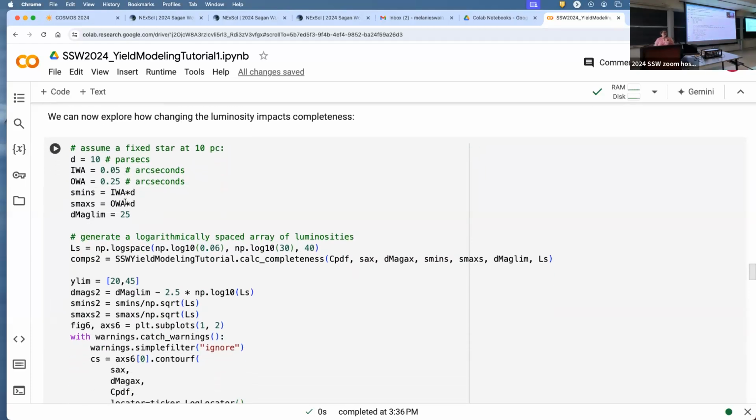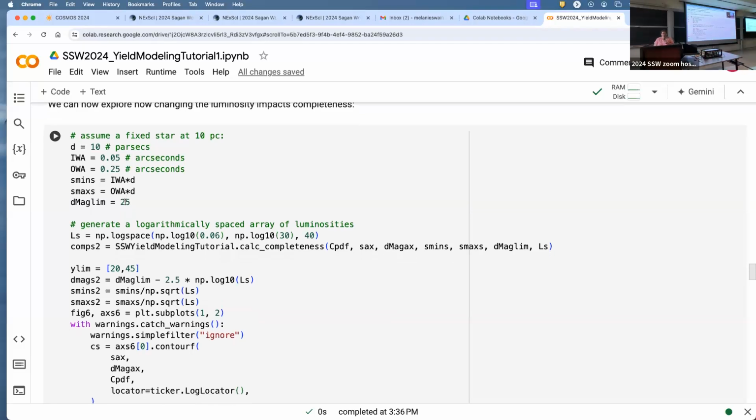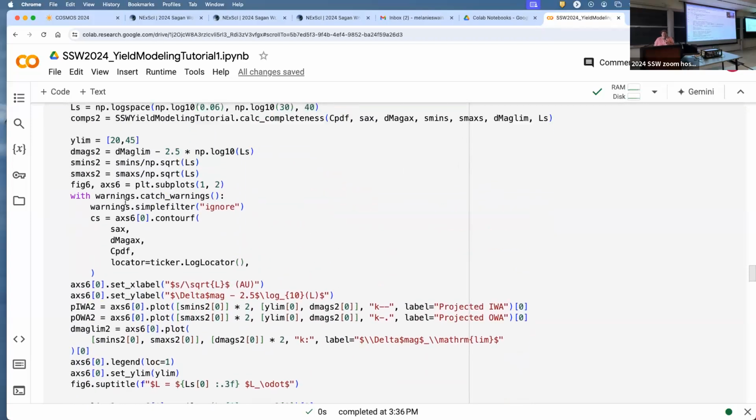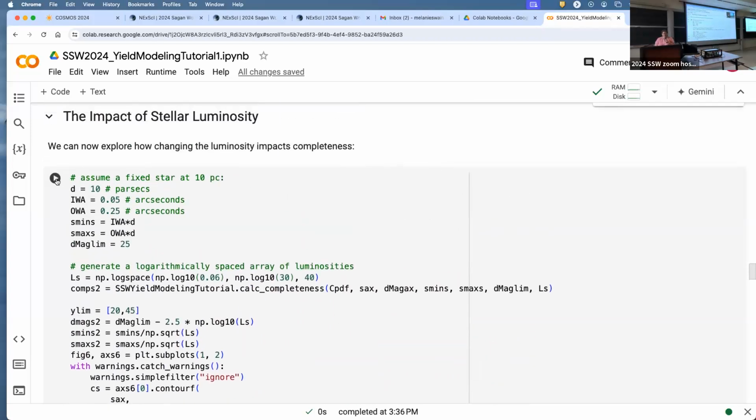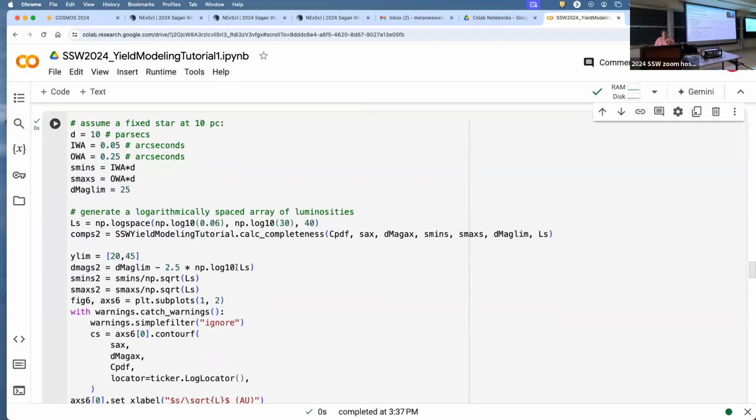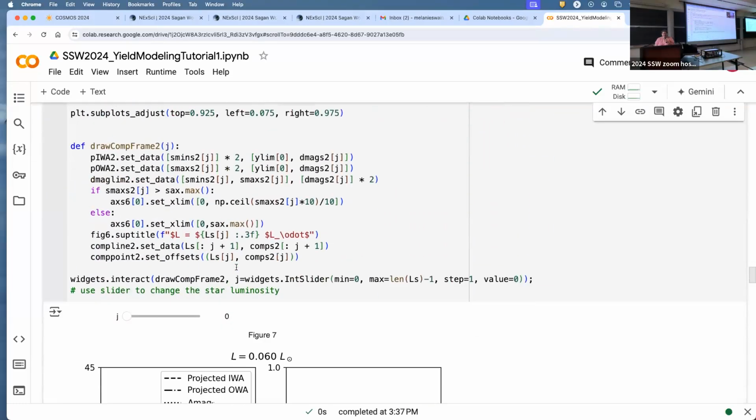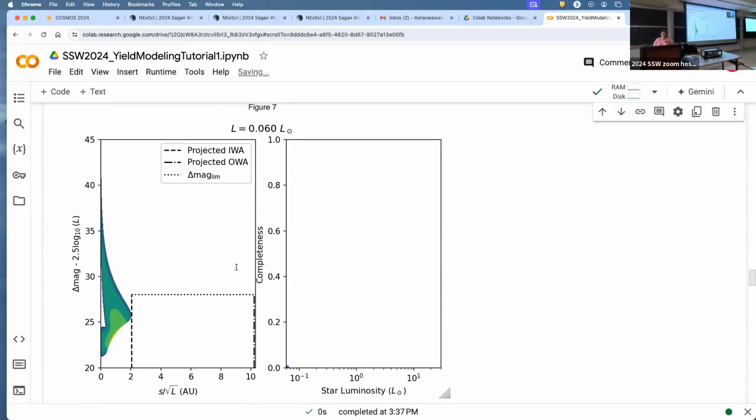So it was our chance to add stellar luminosity to this, but we've also been at this for a while. We've been here for an hour and a half. And so I'm voting for a break pretty soon here. But first I'm running here the impact of stellar luminosity.